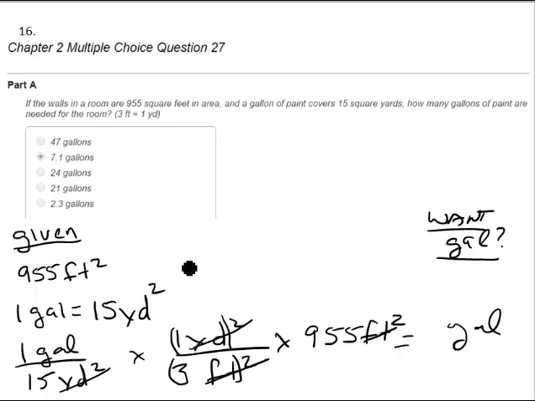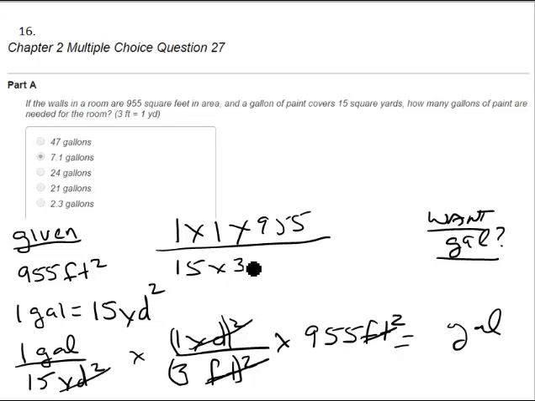It's going to be 1 times 955 on top, and on the bottom here it's going to be 15 times 3 times 3, because this is 3 squared, or 9 is what goes in there. And when I do that, I find out it's 7.07, so the answer turns out to be 7.1 gallons there.